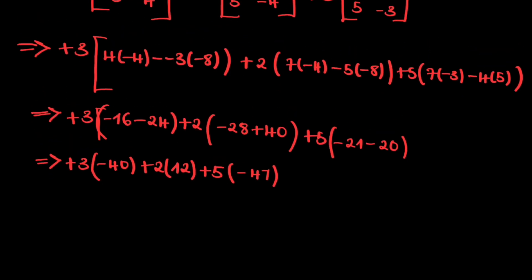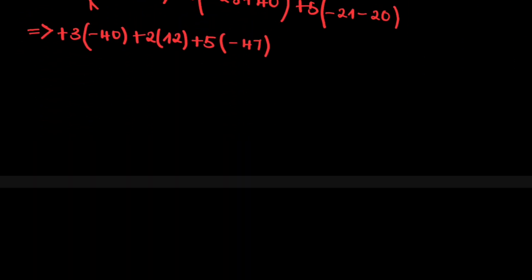So we're having big numbers. Let me simplify it at once. 3 times minus 40 is minus 120, plus 2 times 12 is 24, minus 205.